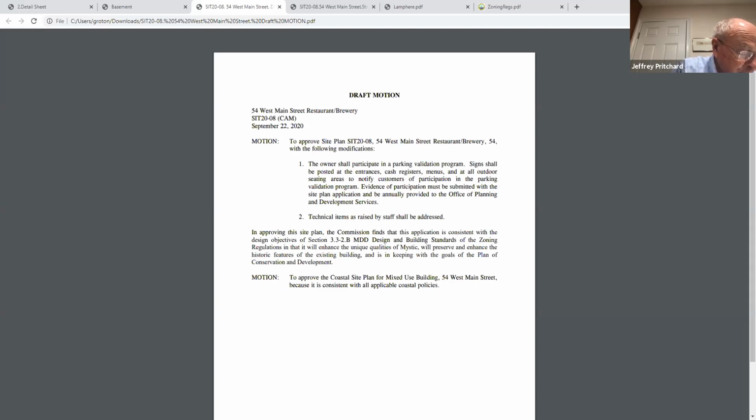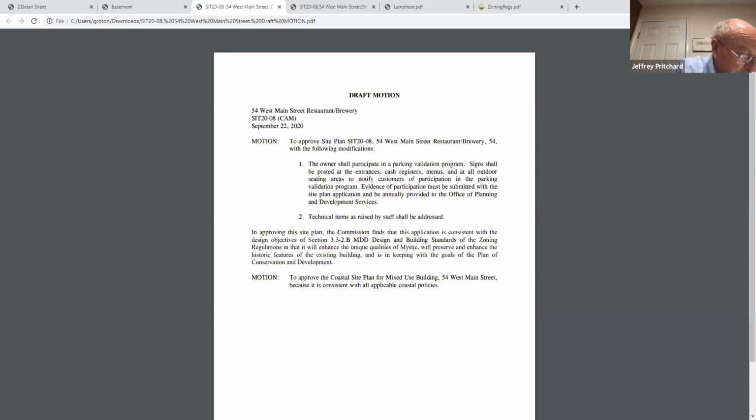Signs shall be posted at the entrances, cash registers, menus, and at all outdoor seating areas to notify customers of participation in the parking validation program. Evidence of participation must be submitted with the site plan application and be annually provided to the Office of Planning and Development Services. Two, technical items as raised by staff shall be addressed.